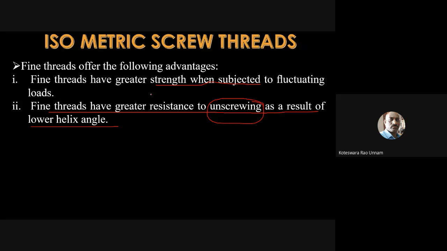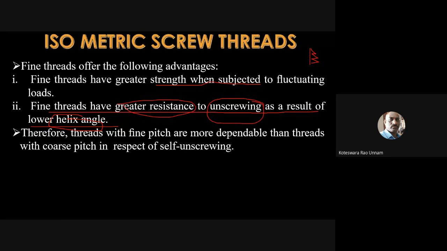Fine threads have greater resistance to unscrewing as a result of low helix angle. Why do you have a low helix angle in the case of fine threads? For a given length, you are cutting more threads, which means your helix angle is going to be less. So they have more frictional resistance, that is, a greater frictional resistance to unscrewing.